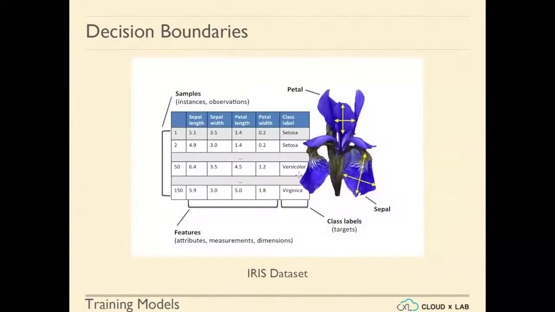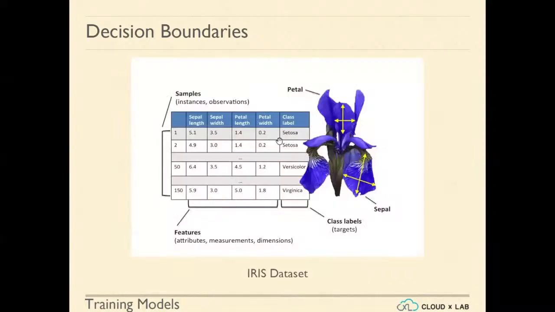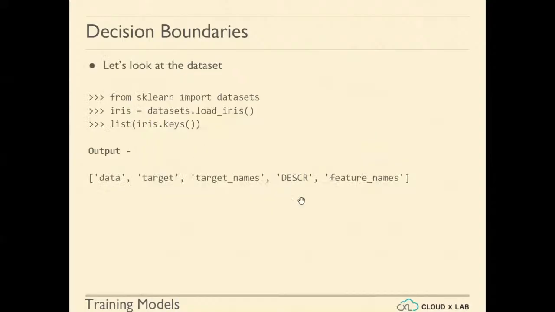And yes, if you print target, in target we will get values 0, 1, 2. 0 means the first class, 1 means the second class, and 2 means the third class. And if you print target names, you will get these names: Setosa, Versicolor, and Virginica, right? If you print description, it will describe this data set, right?